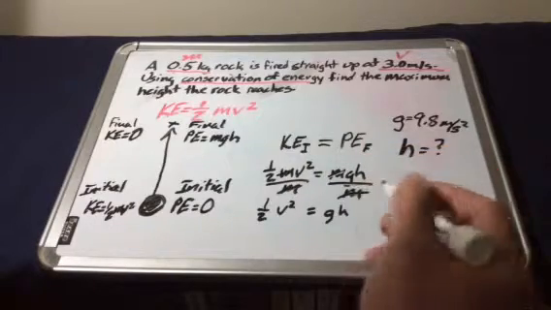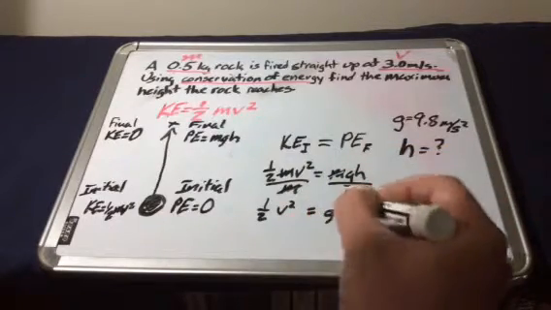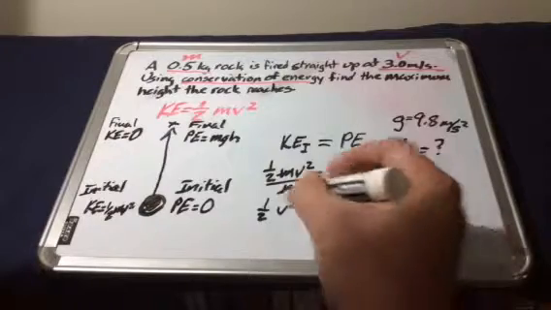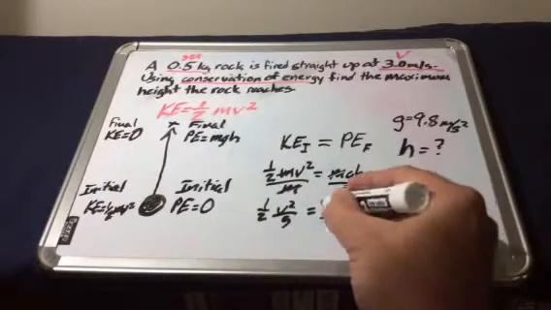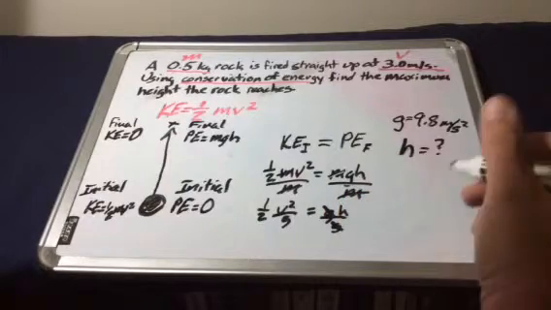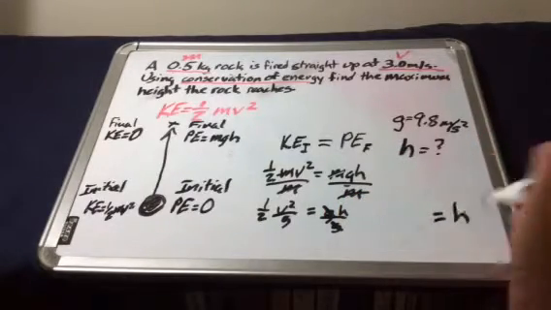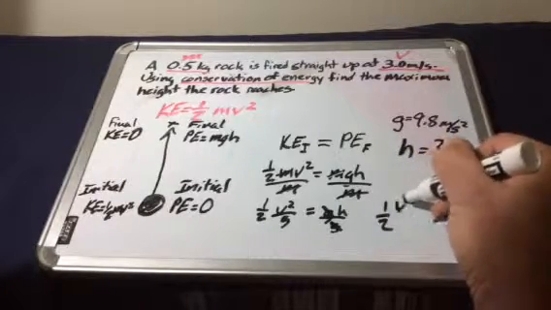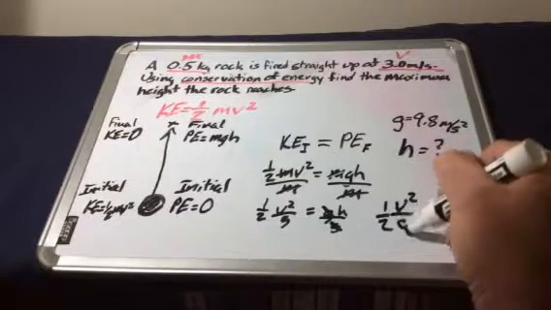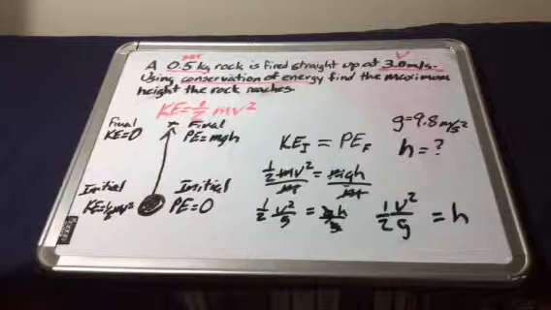To get h by itself, we divide both sides by g, and g cancels. Our final equation is h equals 1/2 v squared divided by g.